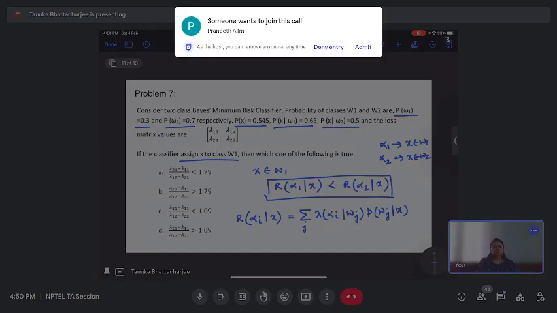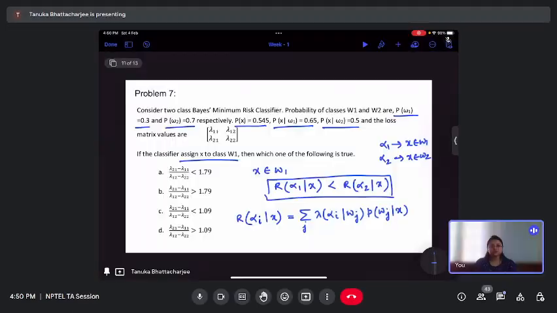So, you compute the loss of taking the action alpha 1 given the class is omega 1 into probability of class omega 1 given x, plus the loss of taking the action alpha 1 given your class is omega 2 into probability of omega 2 given x.